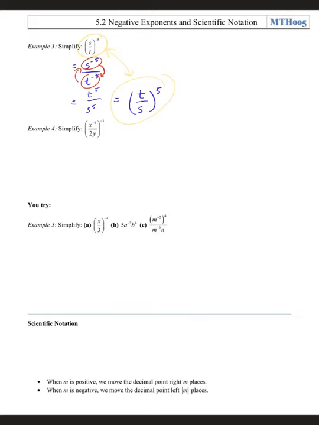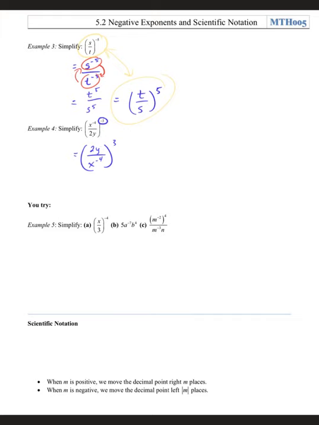So looking at that idea in this next one, simplify x to the negative fourth over 2y, all to the negative third power. I can make this a positive 3 by just flipping everything on the inside. So 2y over x to the negative fourth. As long as you flip everything exactly how you see it, you can change that outside exponent sign.